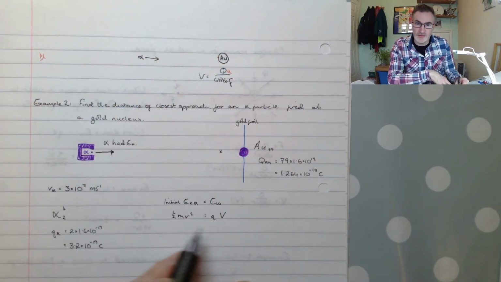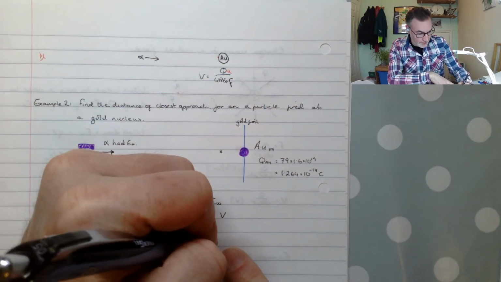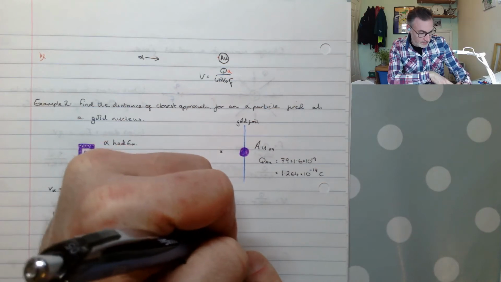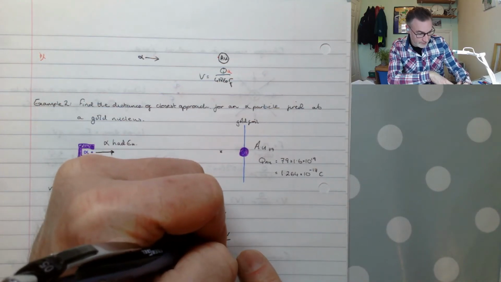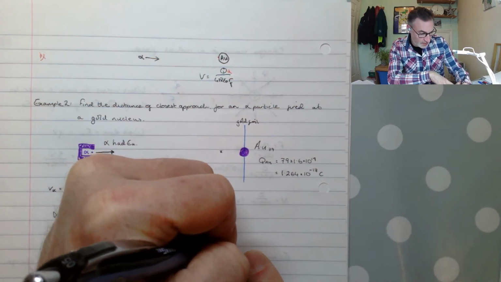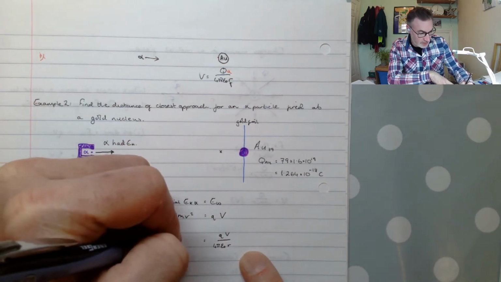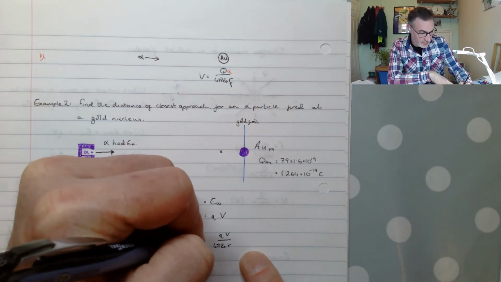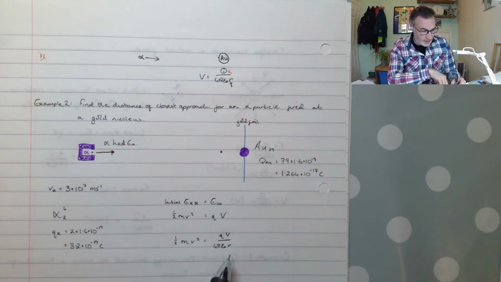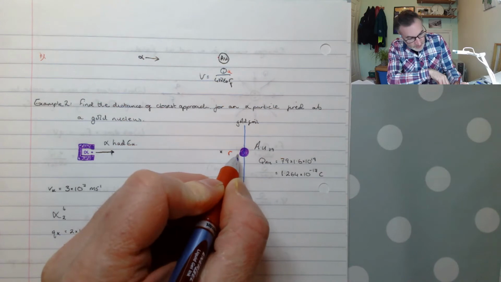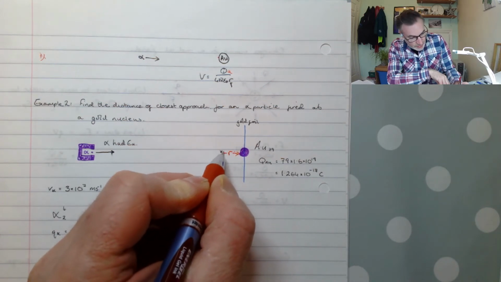I'll just write this out in full, which is going to be qV over 4 pi epsilon naught r. We'll have half mv squared. What we're actually looking for is the distance of closest approach. So we're looking for this r.